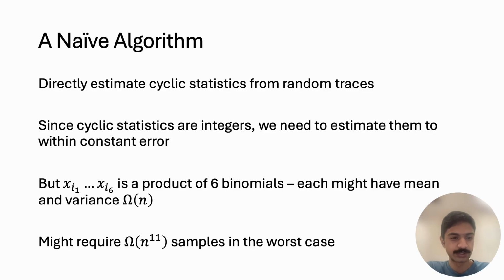Remember that the cyclic statistic of a trace, xi1 multiplied by xi2 multiplied by all the way up to xi6, is a product of 6 binomials. And each of these binomials, in the worst case, might have mean and variance omega of n if all of the gaps in our sparse string are roughly the same size. And in this case, a back of the envelope calculation gives a sample complexity of about n to the 11th, which is much larger than the n to the 6th bound that I originally promised.